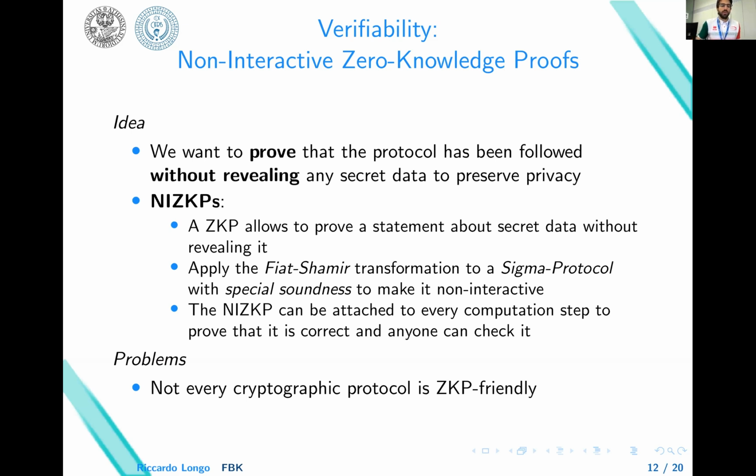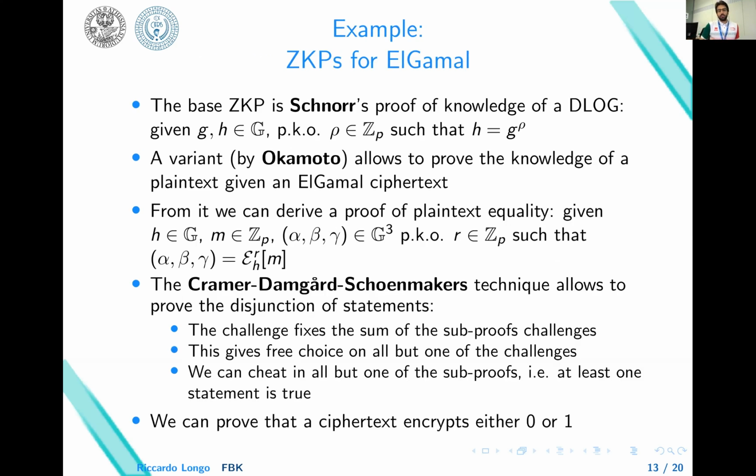So we have to be very careful when choosing the primitives. Fortunately, for the ElGamal cryptosystem, we have a series of zero-knowledge proofs that are quite efficient, and we can use them to prove basically anything we need.